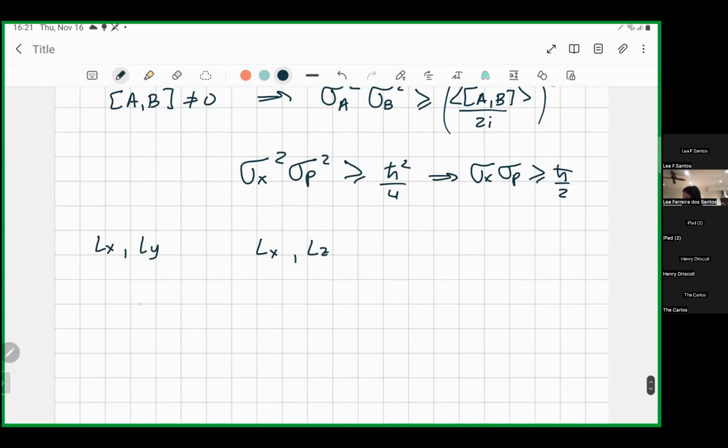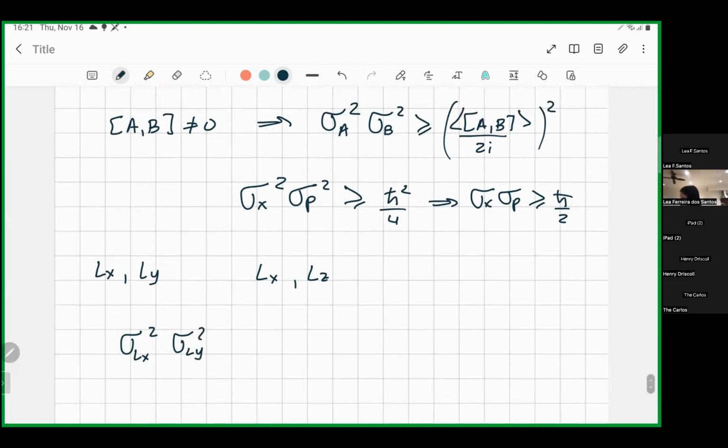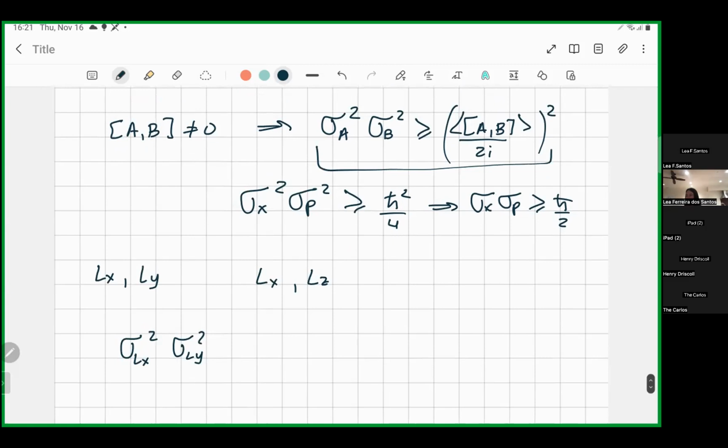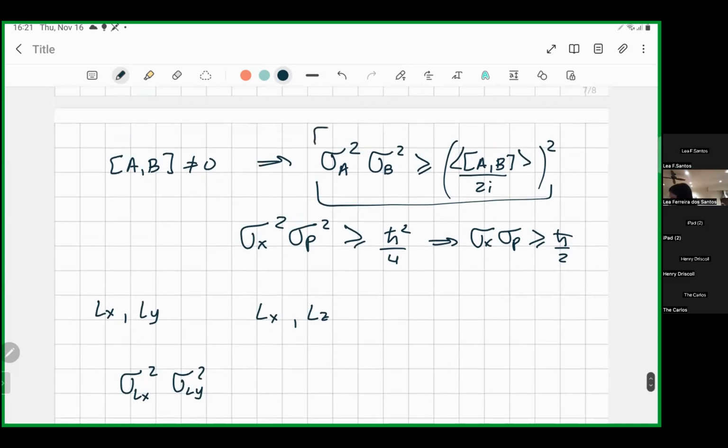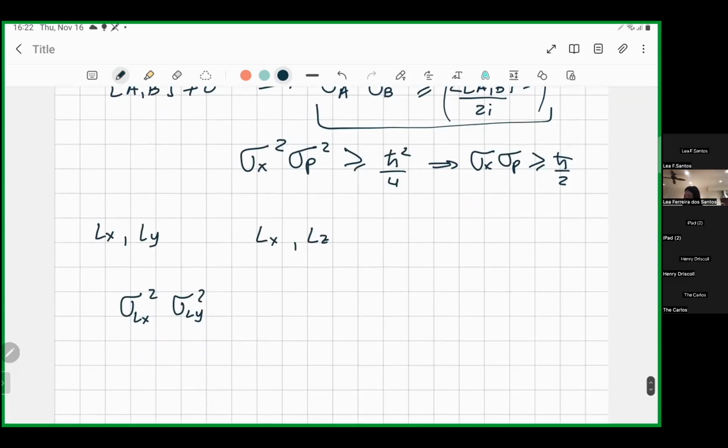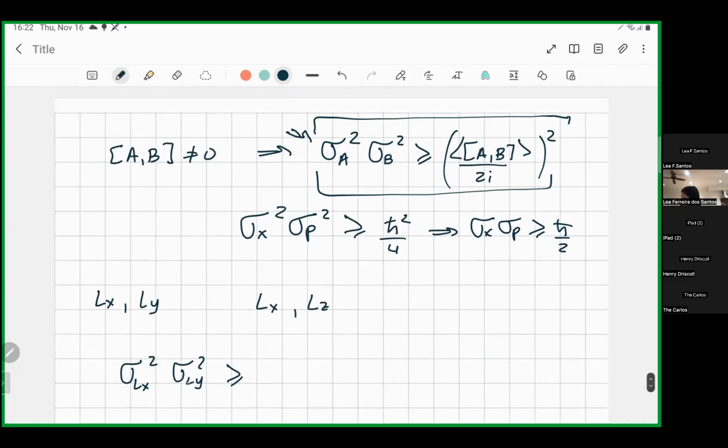So what is the uncertainty if I'm thinking about Lx and Ly? I'm going to follow the equation that we talked about. Remember, I gave you this equation, and I said that you should look at the book to see how it is derived. It's no big deal, you can understand. Just following this equation, the uncertainty for x and y will be, let's copy that, the commutator between x and y, which we saw is iħ Lz.